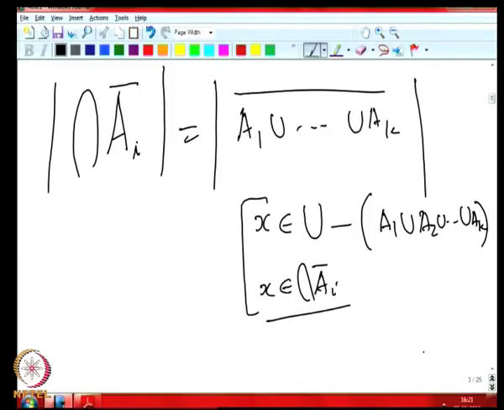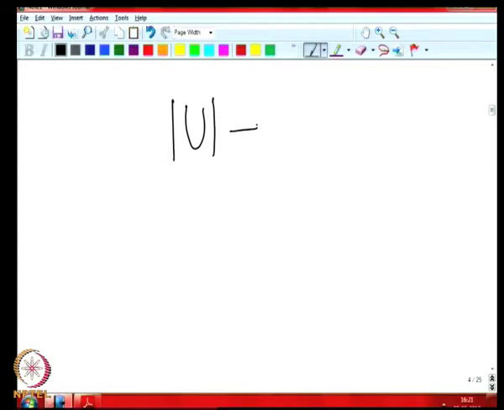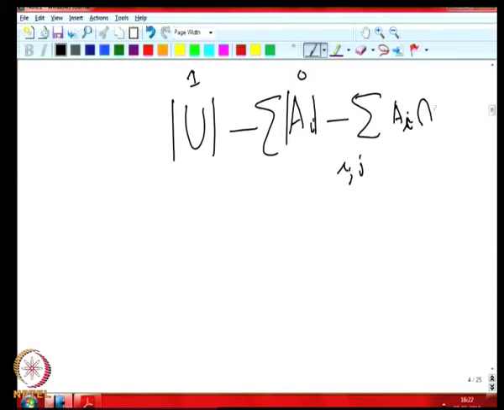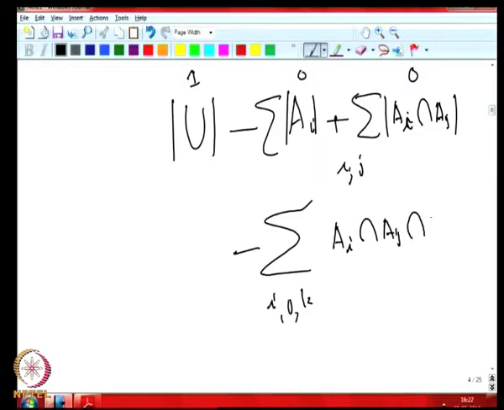Sigma of the A_i cardinalities: it will not contribute, because each of them it will contribute 0 only, since it is not in A_i. Similarly, for terms where i and j are considered and A_i intersection A_j is considered, it will only contribute 0, because it is not in A_i or A_j. Similarly for A_i, A_j, A_k: none of them contains that member, so it will contribute 0 to this sum also.